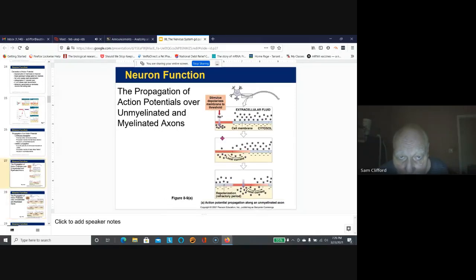So here we have the cell membrane. There's no myelin, so when sodium comes in, that causes a local current, and as that current moves, it opens up more sodium channels, and so that's conduction. So that's conduction with no insulation.